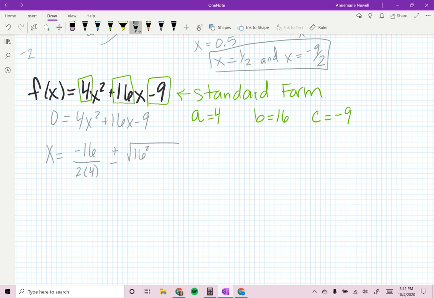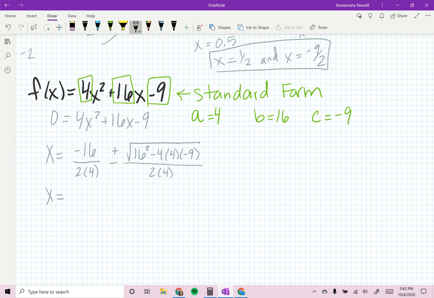We're going to take our b and square it, and subtract 4 times our a value, also times our c value. And we're going to take that same thing and divide it by this same denominator, which is 2 times our a value. Oh my gosh, this looks crazy, but let's start to simplify this.